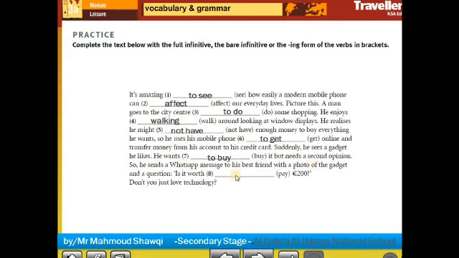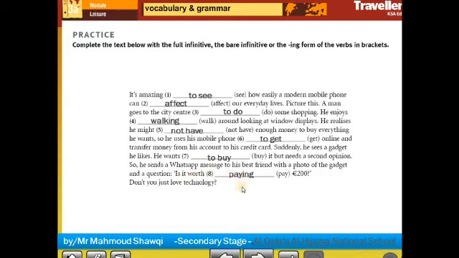It's worth. Yes, after this expression we use ing. Yes, that's right. Paying €200. Don't you just love technology? It's worth paying. We use after this expression the ing form.